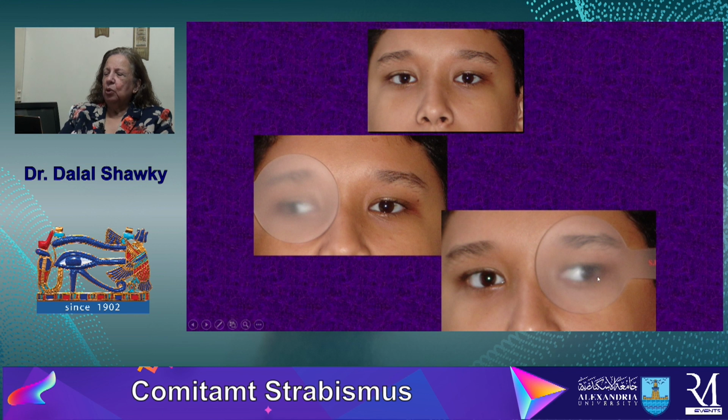And if we occlude his left eye by a semi-translucent cover, he cannot see through the cover, but we can see his eye deviated out, also exophoria. After we remove the cover, the eyes return to normal. This is the first grade, or exophoria.